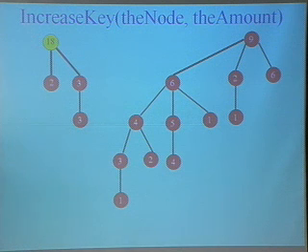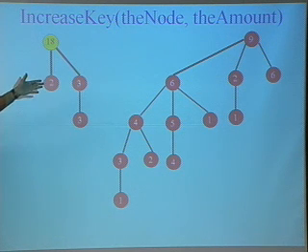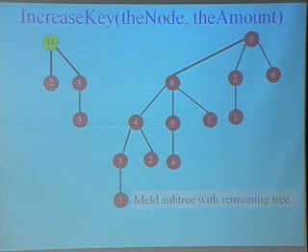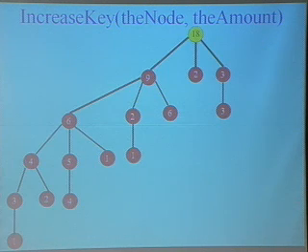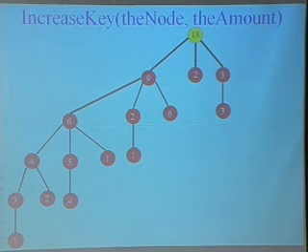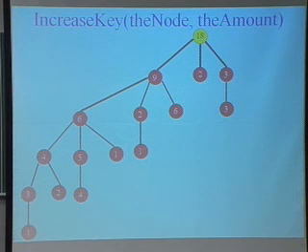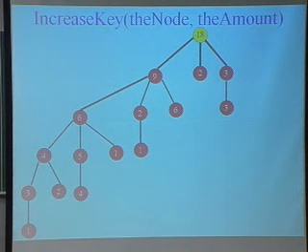Well, once you detach, then I will compare link with what's left and create a new tree. In the compare link, you look at the 2 roots. The smaller root becomes the leftmost child of the bigger root. Ties are broken any way you like. All right, so that's the sequence of steps.